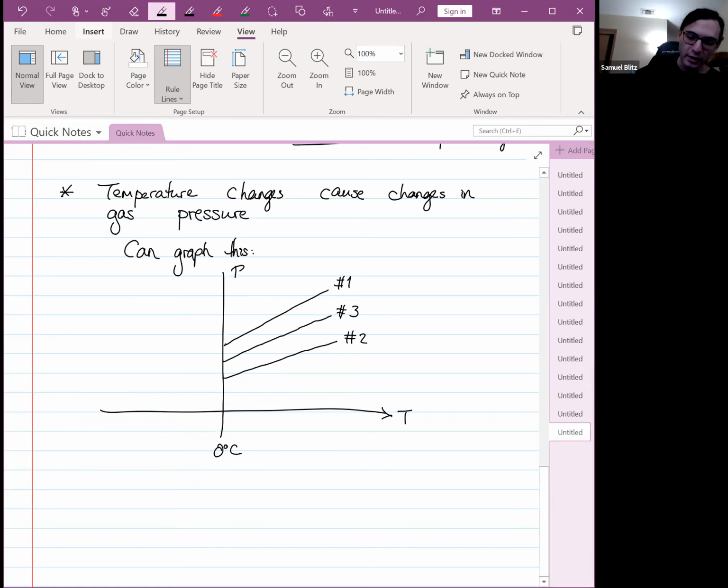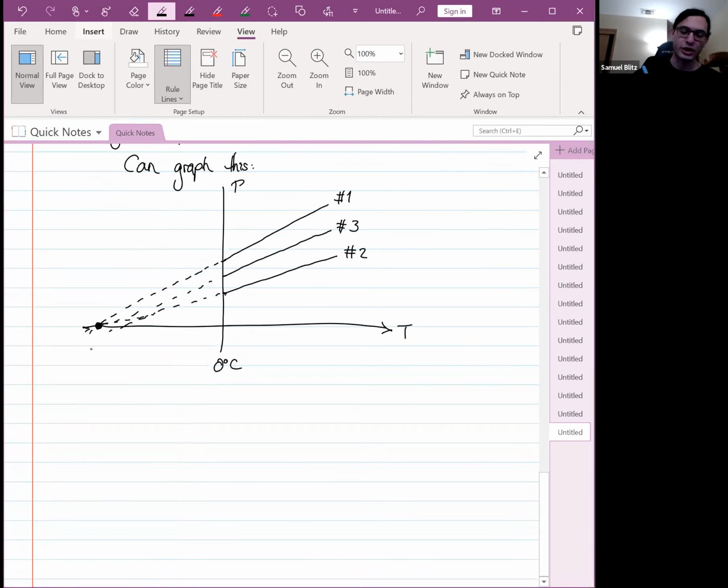But what you find is, miraculously, if you were to continue these lines, they would all intersect at a single point, somewhere at some very, very low temperature. The graphs all converge here. And this is generally true for every gas.